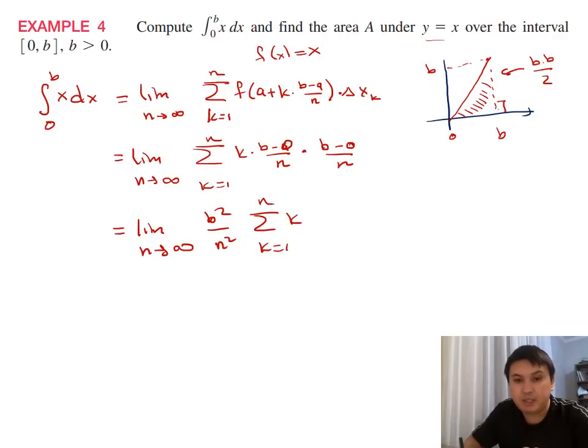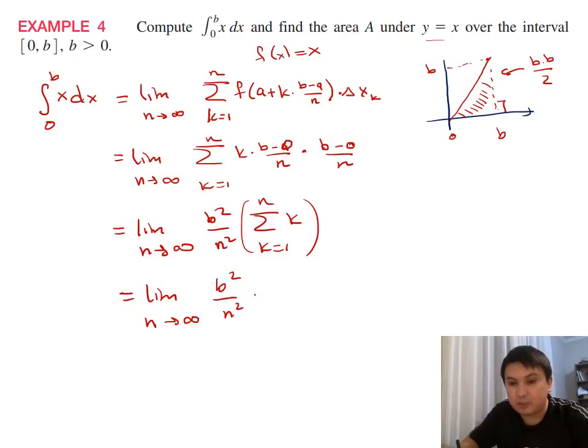Now, if you remember how we calculated this in the previous lecture, the sum from 1 to n of k has the formula n times n plus 1 divided by 2. Great. Now I got rid of this Riemann sum, right?